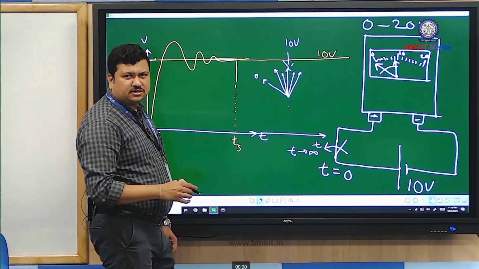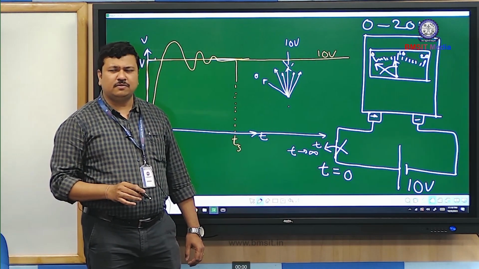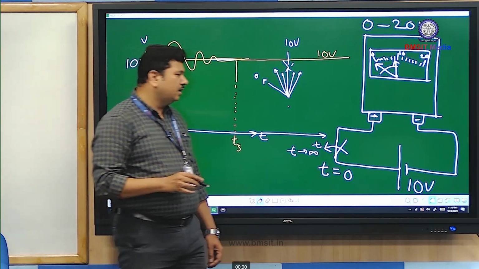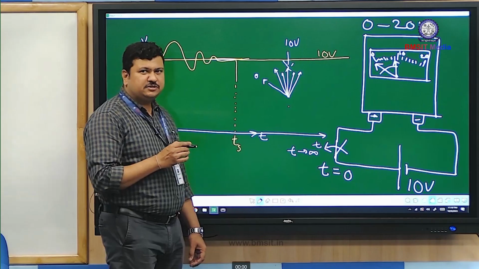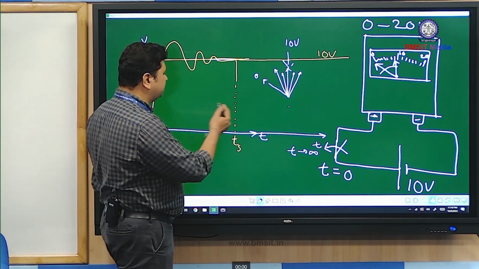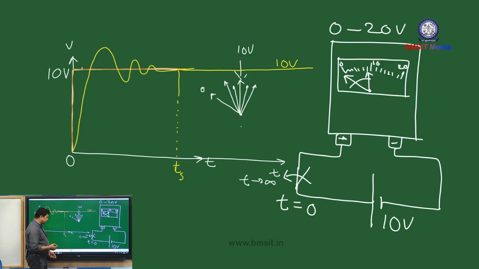Suppose there are no errors, no internal drop in the meter, the value will be shown exactly 10 volts. Now if you observe this voltage versus time plot, it has got two parts. In one part, the oscillations are present.